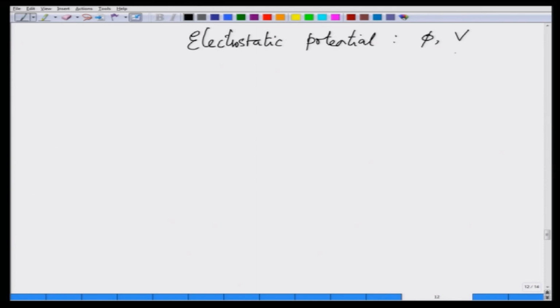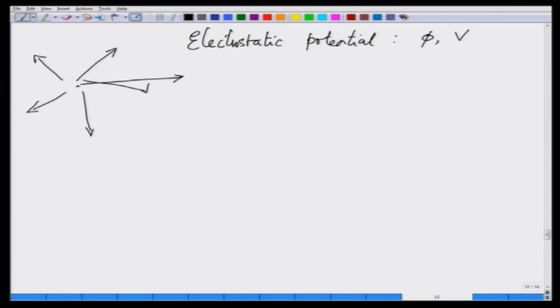So, if I want to define electrostatic potential, let me first talk about the point charge. Go back to the point charge over here, we know how to calculate its electric field. So, there is an electric field out there. Now, I choose a particularly interesting electric field pattern.